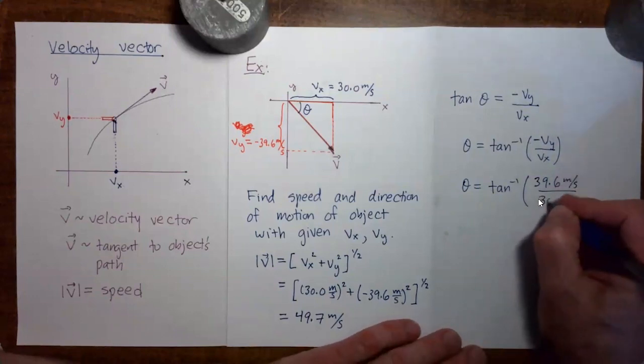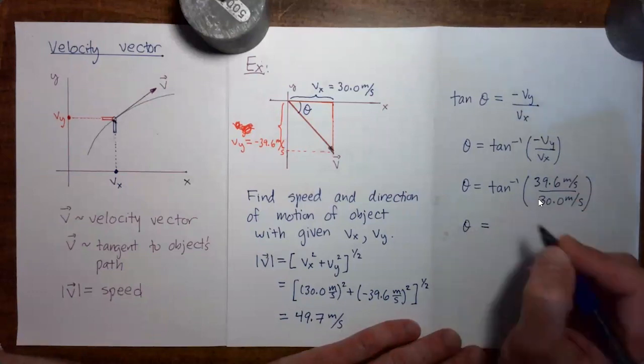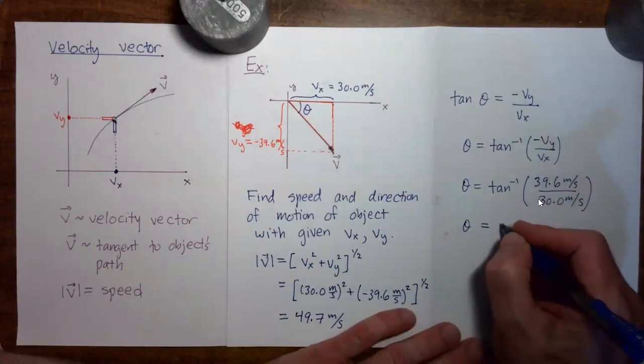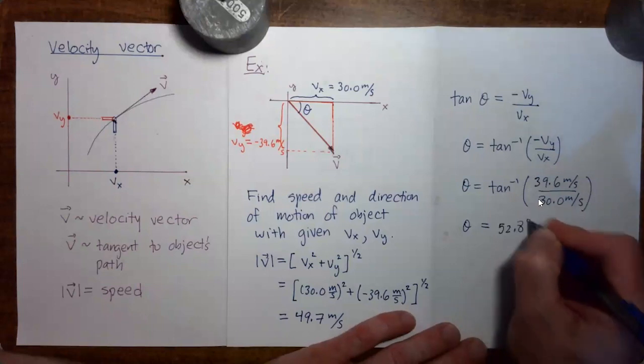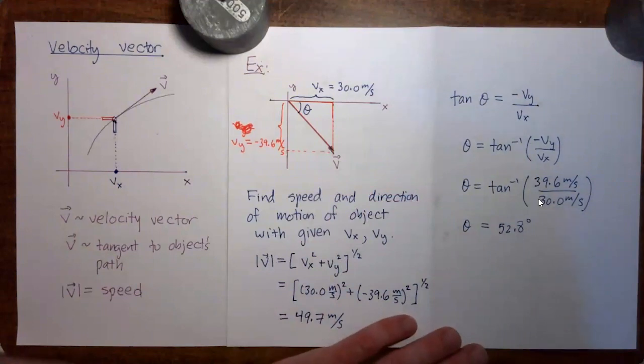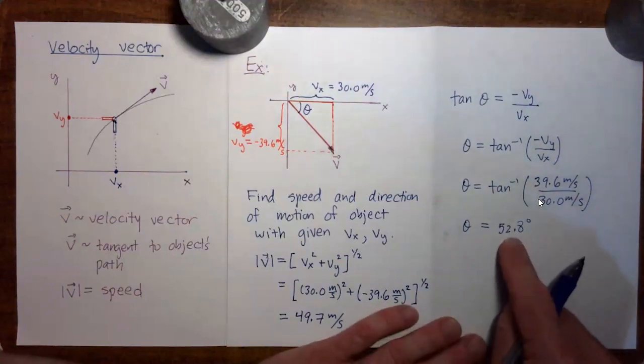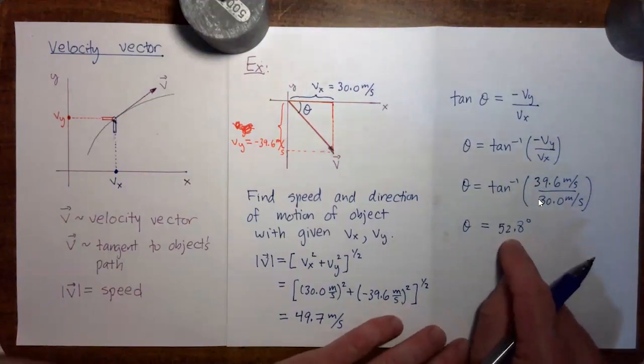Vx, 30 meters per second. I get theta equals 52.8 degrees. So a full description of the velocity vector would be to say that the object is moving at 49.7 meters per second in a direction 52.8 degrees below the horizontal.